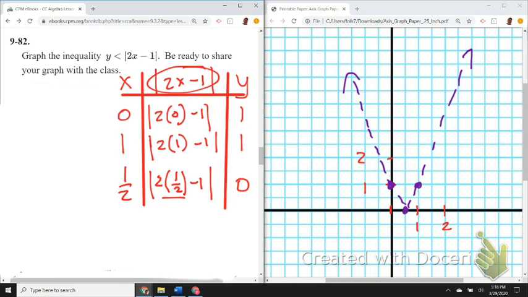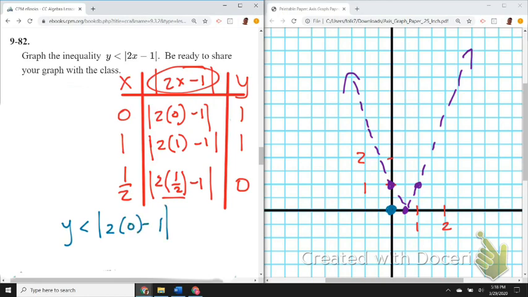And then, should we shade above the V graph, or on the outside, or below it? So again, if you haven't figured it out by now, we're going to choose the easiest point to choose, which is 0, 0. So we're going to go y is less than the absolute value of 2 times 0 minus 1.